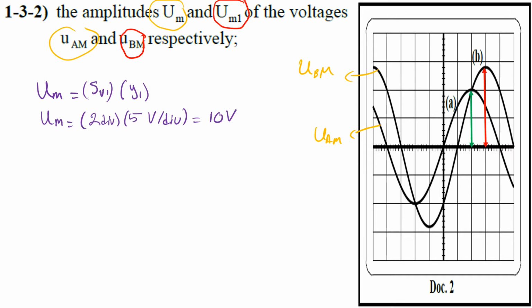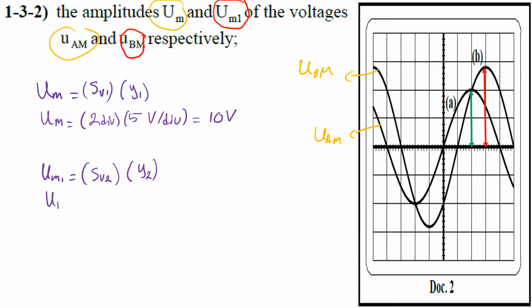This is for UM, which is related to UAM or UG. Now, for UM1, which is related to UBM, which is the voltage across R1. So it is the second vertical sensitivity multiplied by Y2, which is the number of divisions.